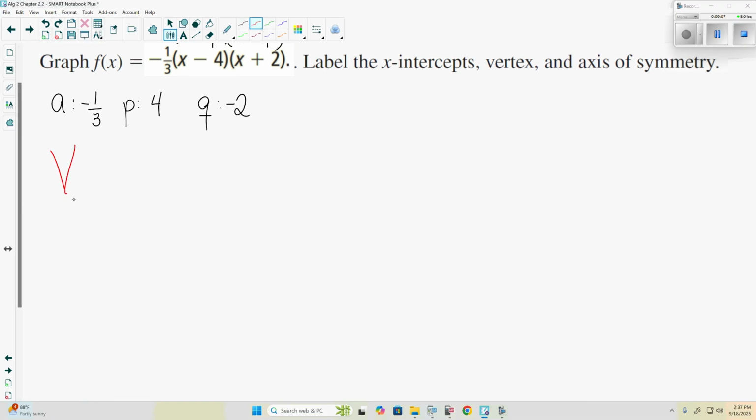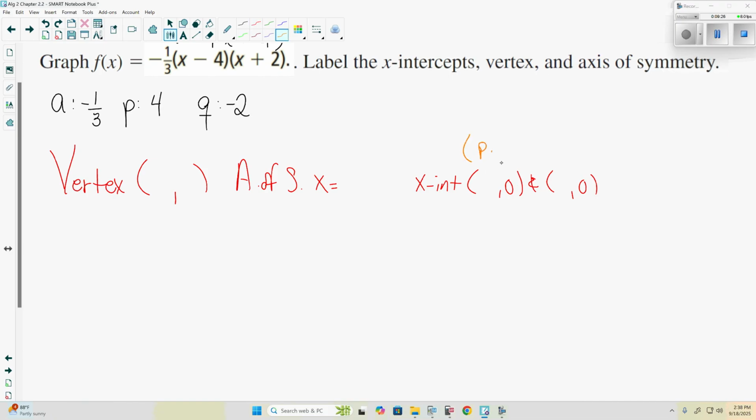So what we need to find is the vertex, axis of symmetry, and the x-intercept. Well, we know the y value of the x-intercept is going to be 0.